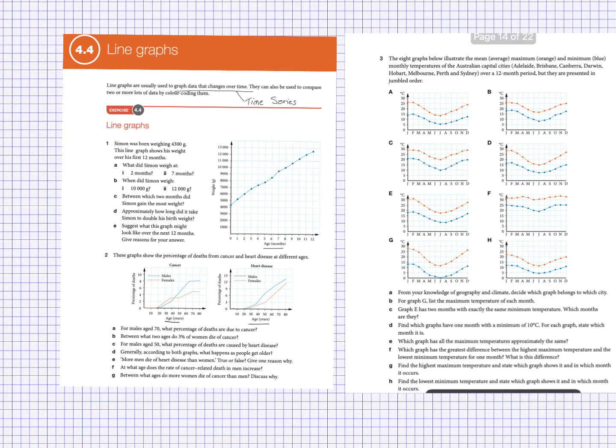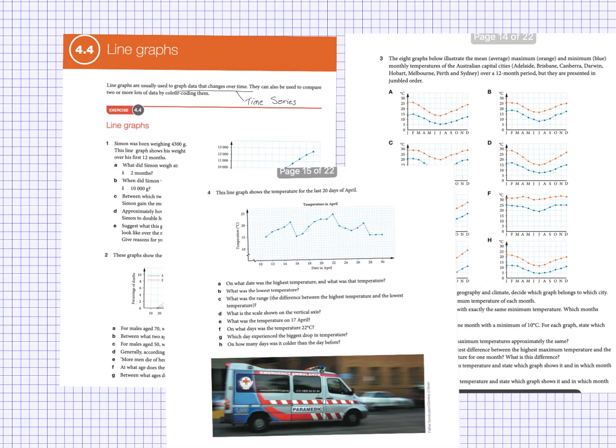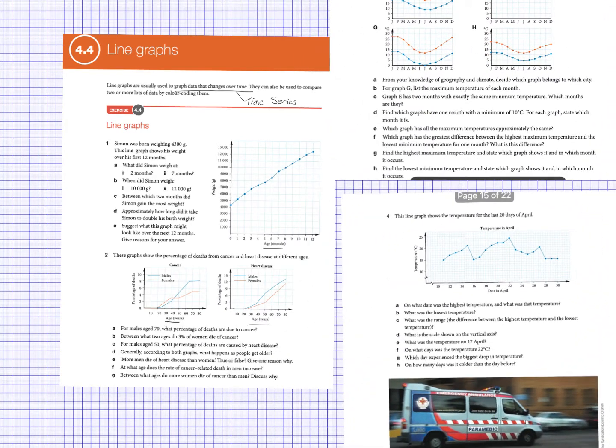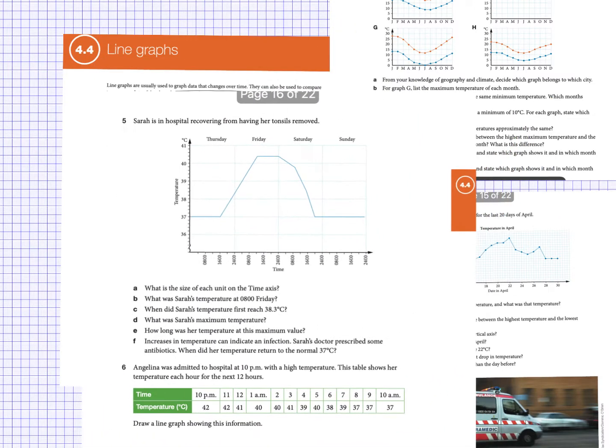Other ones have things like dates in April. So this one has dates in April, just along the X, the bottom here. And the last one has basic time in a day.